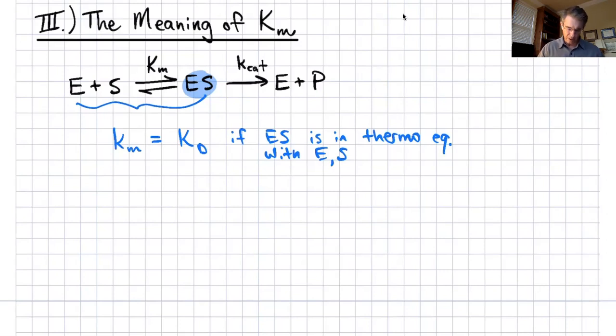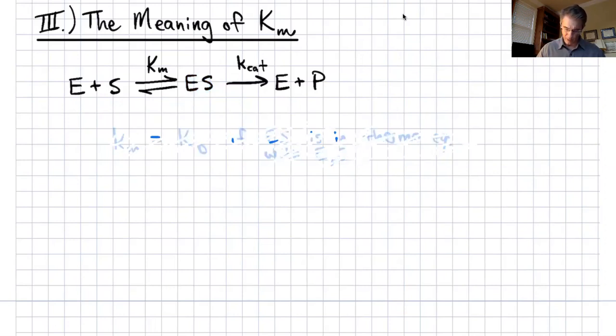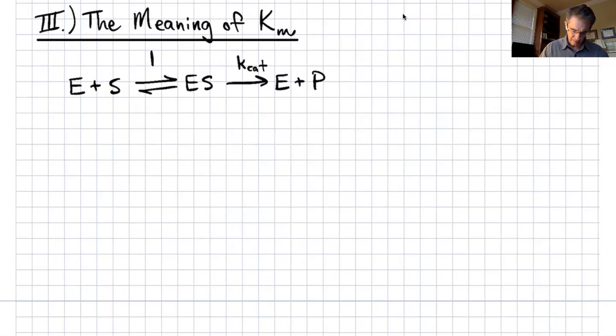But even for simple enzymes like this one, we saw under lots of circumstances that we cannot assume thermodynamic equilibrium. We cannot correctly think of the relationship between the Michaelis complex and the free enzyme as being in thermodynamic equilibrium.